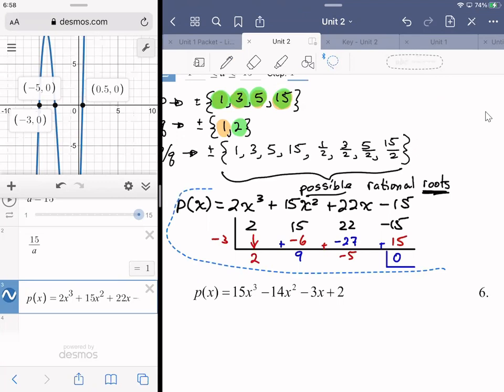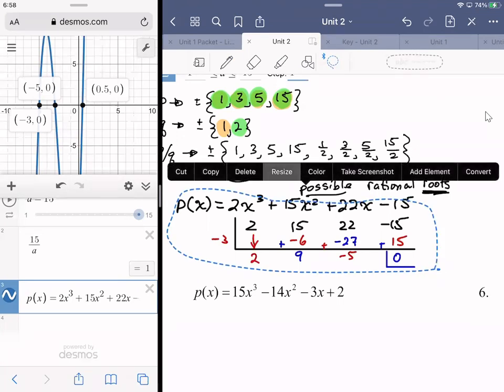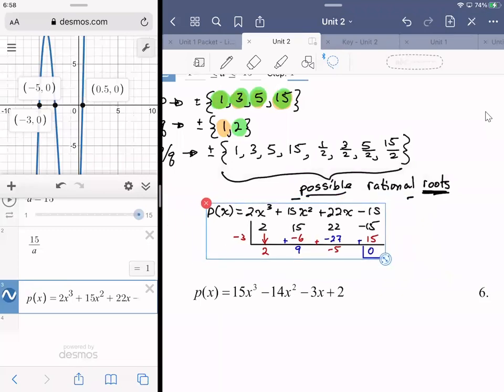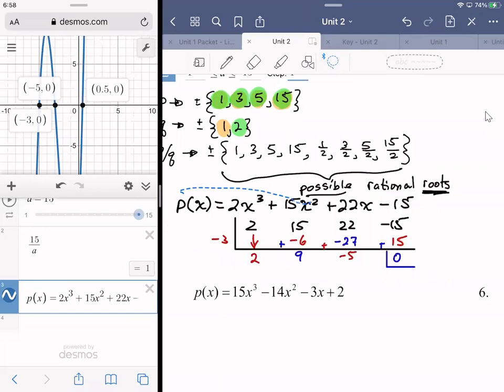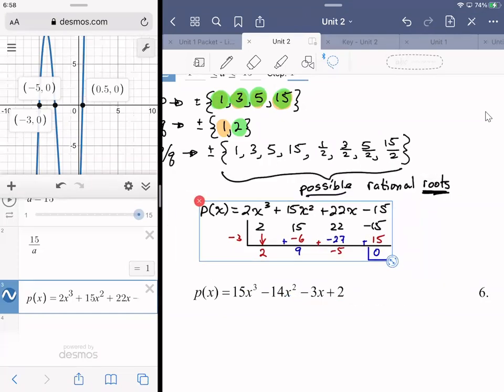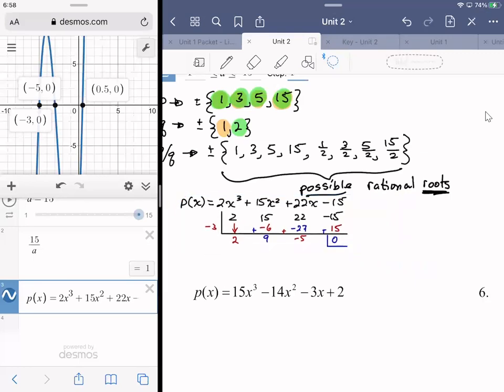So now I'm left with a quadratic. And like I said before, pick your favorite method of simplifying a quadratic. All right, so we started off with a cubic.